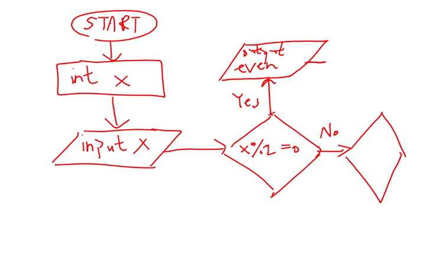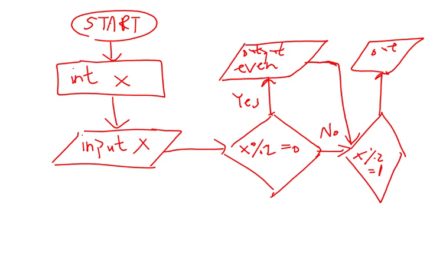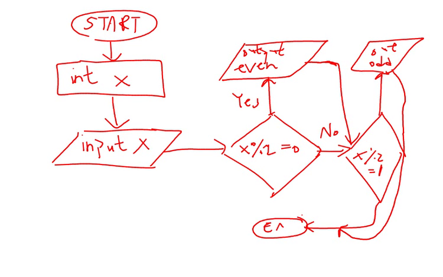But even if it was true, remember, we had to go here and check whether x modulus 2 was equal to 1. And if that was equal to 1, we output that it was odd, and then this had to go all the way down here as well. Then we ended. So you notice what these arrows are doing. They're indicating where you go after each step.